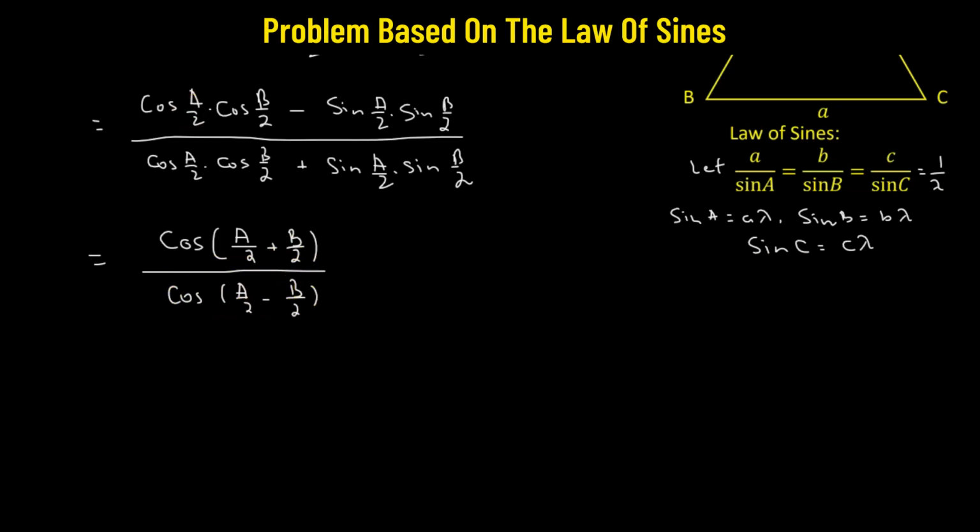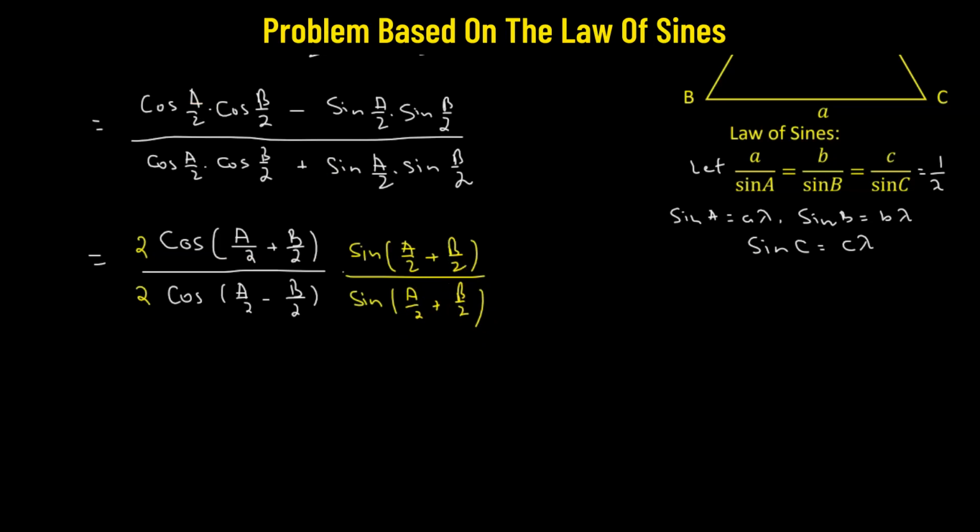Now what we'll do, we'll multiply both numerator and the denominator with the factor 2. And we're also going to multiply both numerator and the denominator with sine A over 2 plus B over 2 and divide by sine A over 2 plus B over 2.